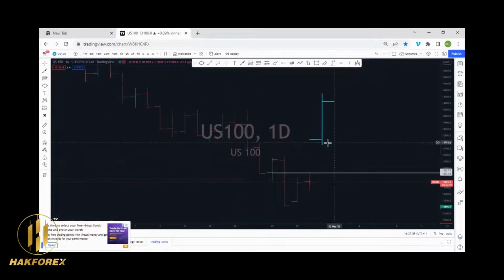It always has the open, the close, the high of the day, and also the low of the day. So this is the lowest low it created. This is where the market opened from. This is the highest high that the market went during that period. And this is the close of the bar. Here we are using the daily bar as an example, so assuming this bar represents one day.